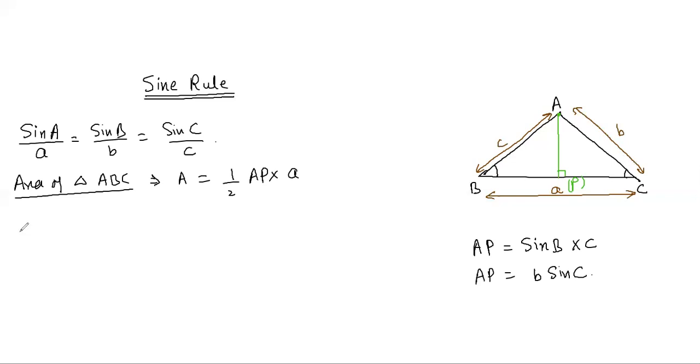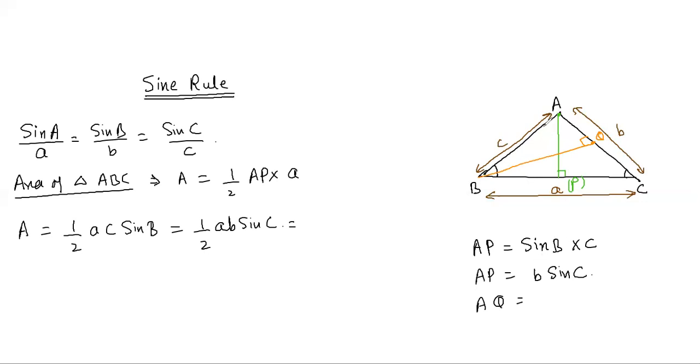So area A can be written as half AC sine B or half AB sine C. Okay. Now I can also drop a perpendicular from B to side AC and call it Q. So similarly, area of the triangle can also be written as, so AQ is how much?